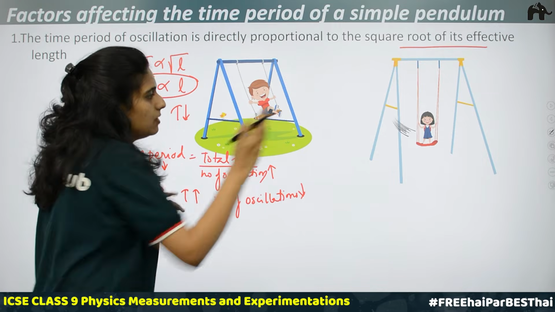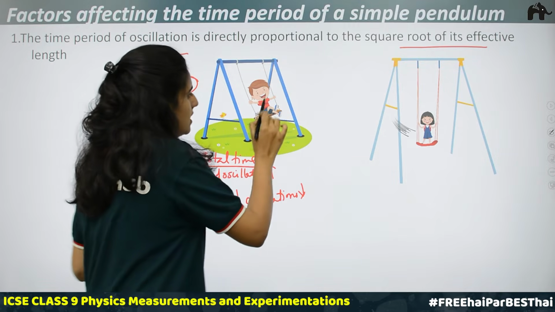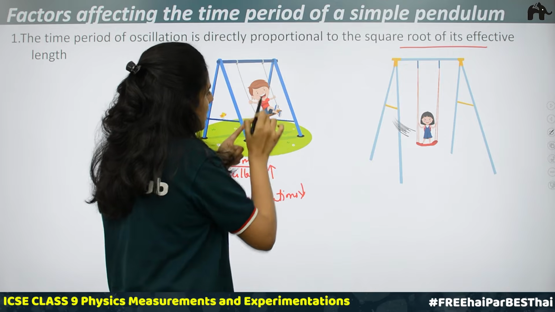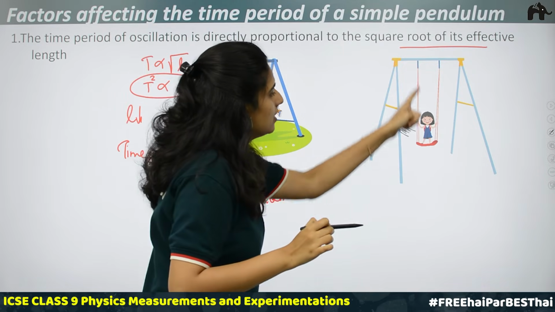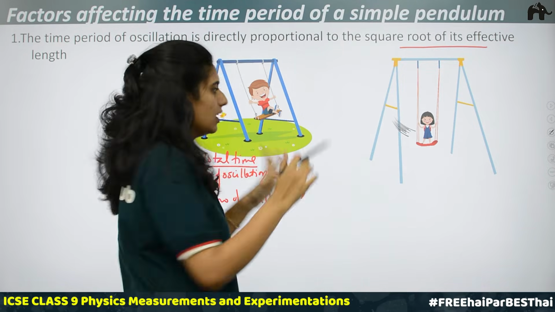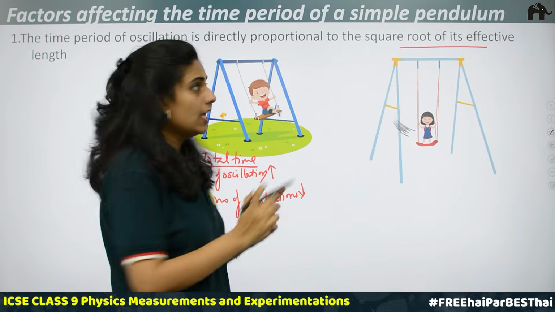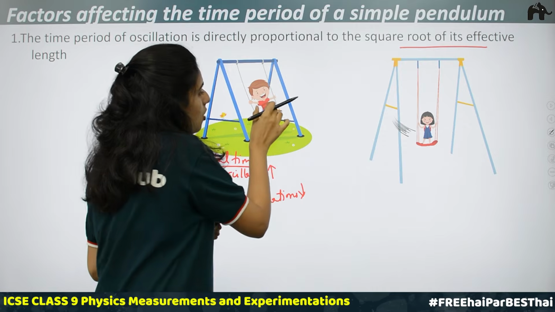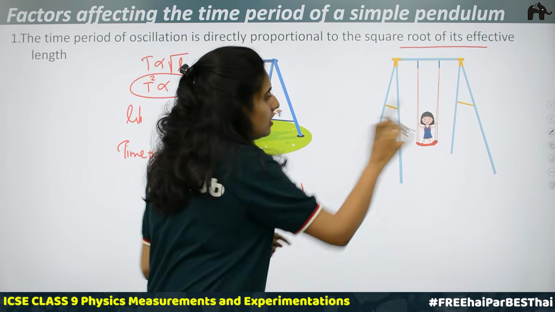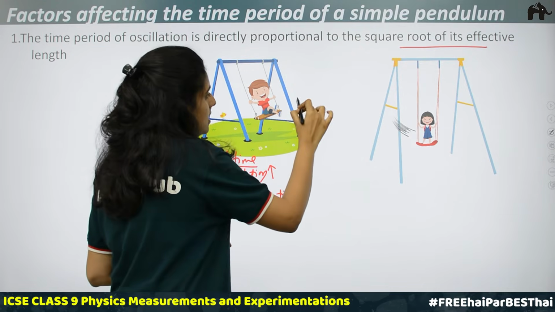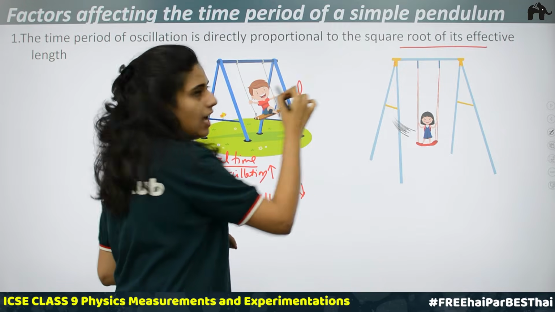So with this example, we will understand in detail. When you consider a case, a boy is sitting on a swing and a girl is standing on a swing. In which case is the effective length more? Here the effective length will be more when the boy is sitting, compared to the girl. So here in this case we have length higher.